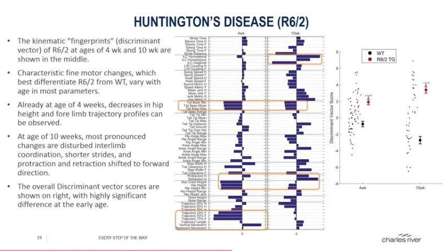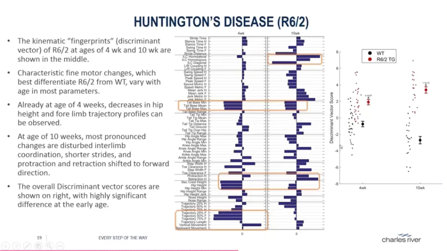Interestingly, some of the features, such as the forelimb trajectory profiles, can be seen at the early age of 4 weeks, but not as strongly at 10 weeks. These are indicative of abnormal features in the gait that are specifically present only in the very early age. The overall discriminant vector scores that are shown on the right show highly significant genotype difference already at the early age of 4 weeks.